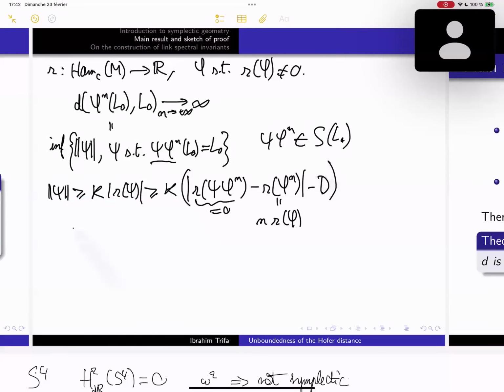And we end up with the norm of psi greater than k times n R of phi minus d. And since we know this is non-zero, this goes to infinity. And this concludes the proof, because then the distance goes to infinity.